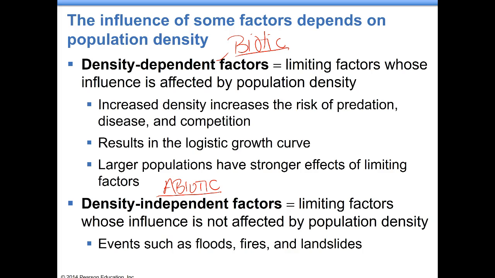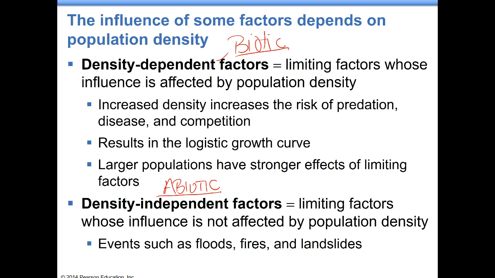Increased density is going to increase the risk of predation, disease, and competition. If I go back to that moose example, moose are herbivores, so they're going to be eating the plant life. If that population goes up, they could deplete the plant life they need to feed on.